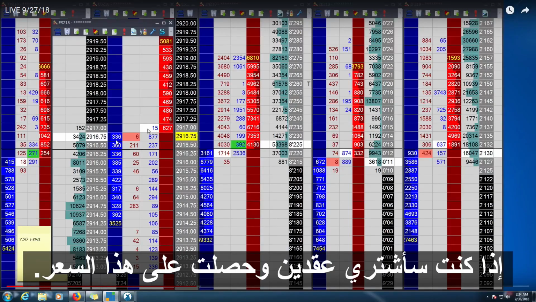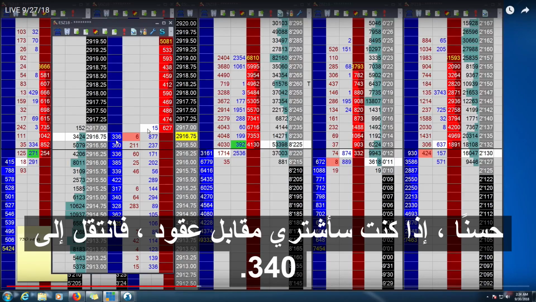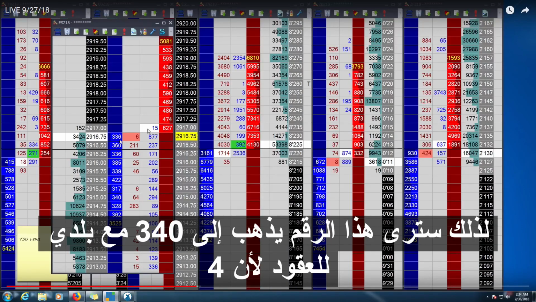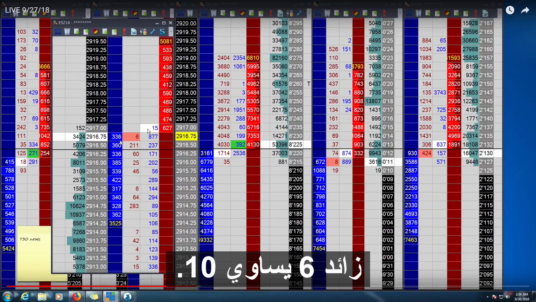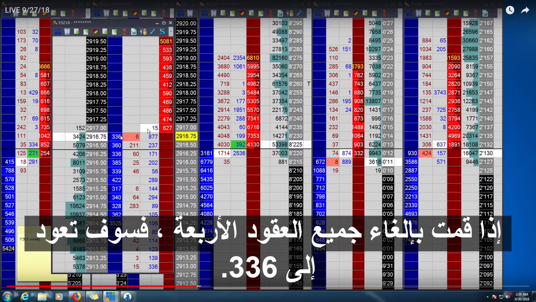If I was to buy 2 contracts and I got in at that price, it would go to 338. If I was to buy 4 contracts, it would go to 340, because 4 plus 6 equals 10. If I canceled all 4 contracts, it would go back to 336.